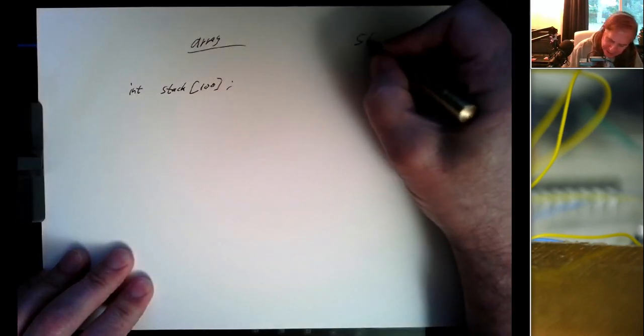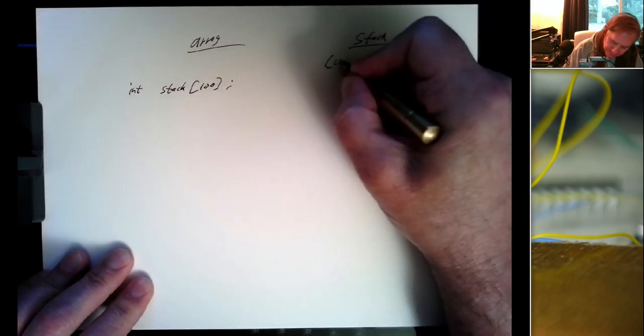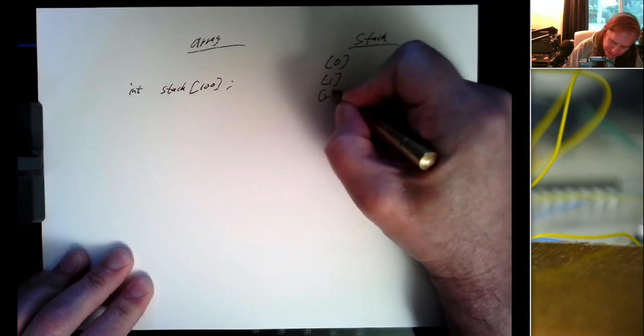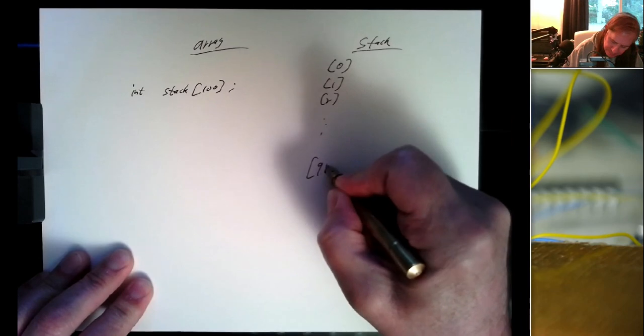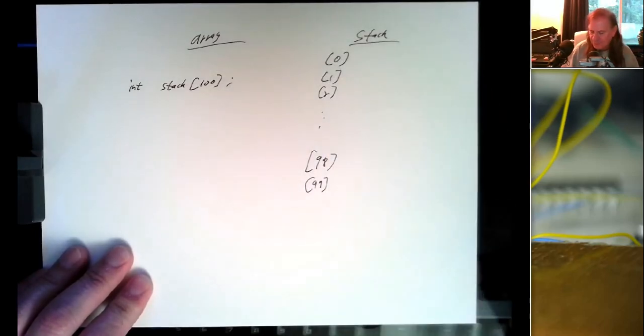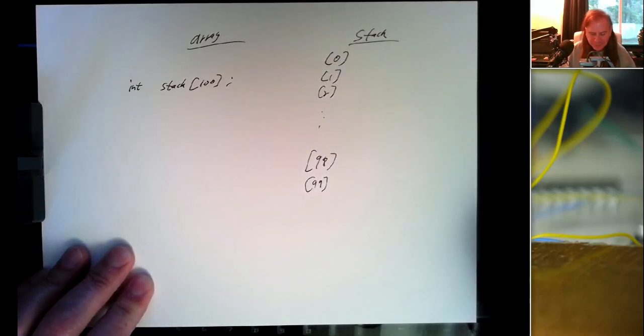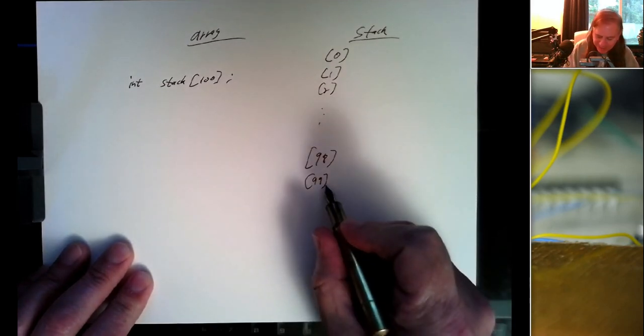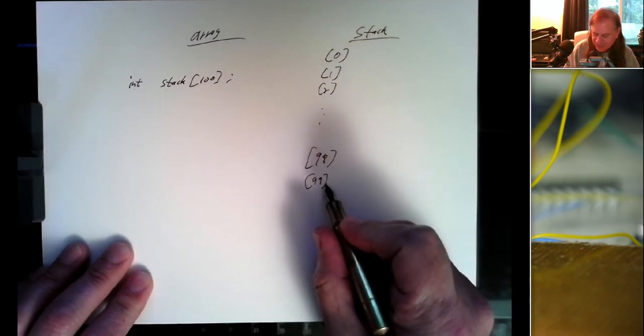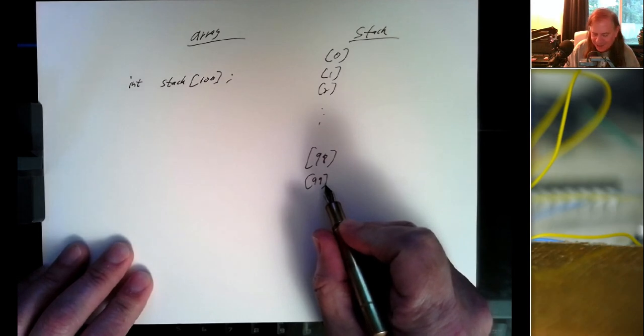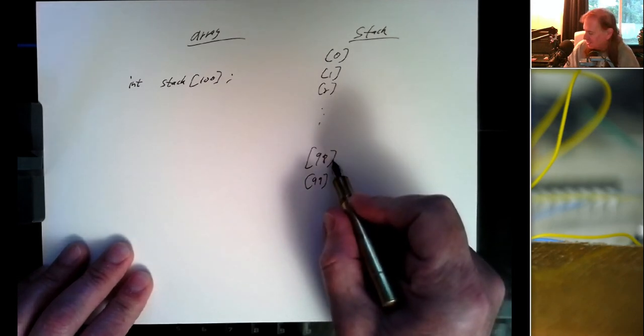And the idea is we have these different locations in the memory, and we can store our data anywhere that we want in here. So we could start off by saying, let's put our first piece of data down here at index 99, and then the next piece of data will go at 98, and then 97, and so on.